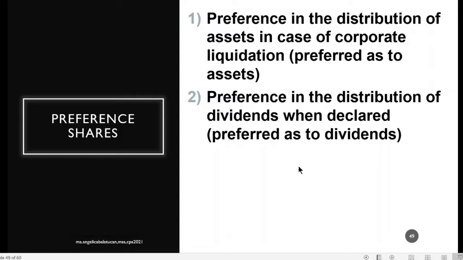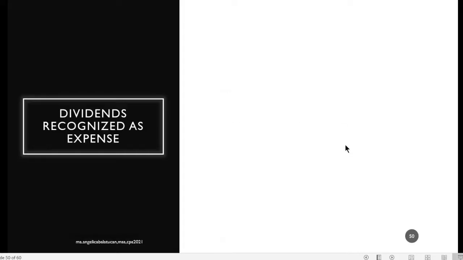So preference shares have one or both of the following preferences over the ordinary shares, which was also identified in our previous discussion. They have preference in distribution of assets in case of corporate liquidation. And they also have preference in the distribution of dividends when declared, or preferred as to dividends.